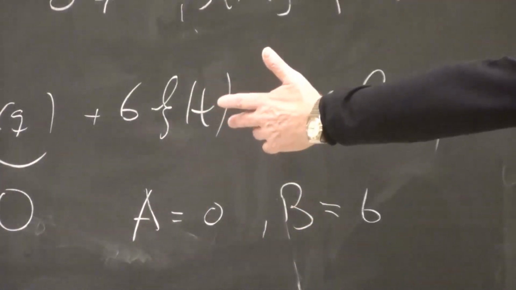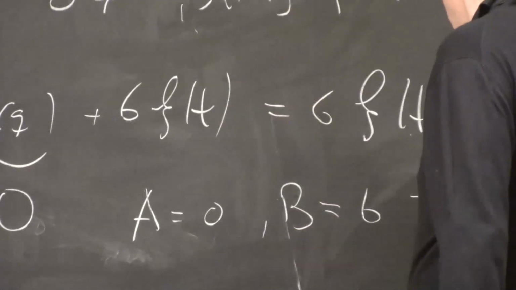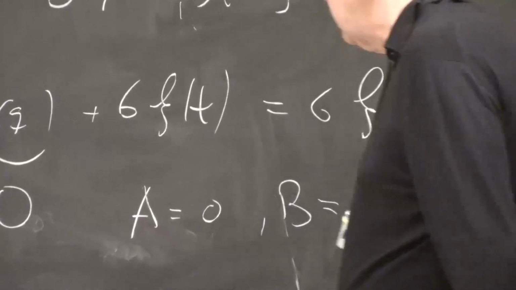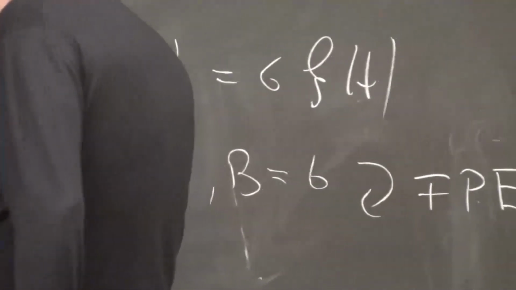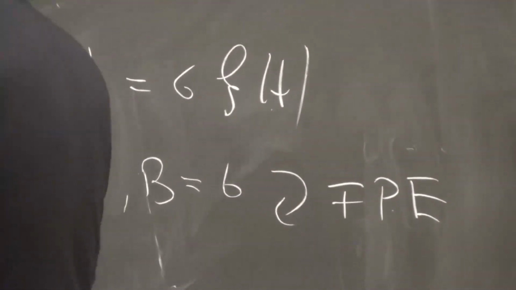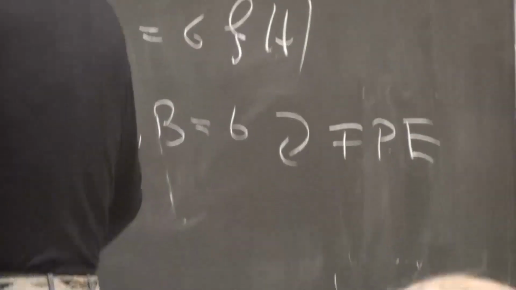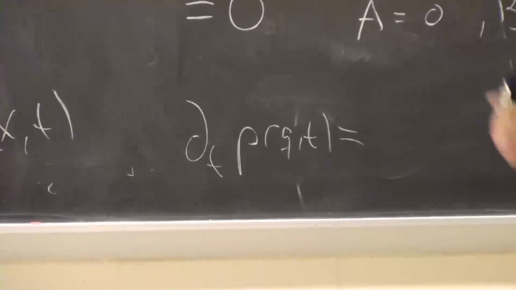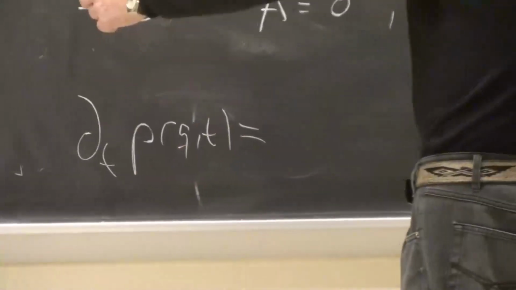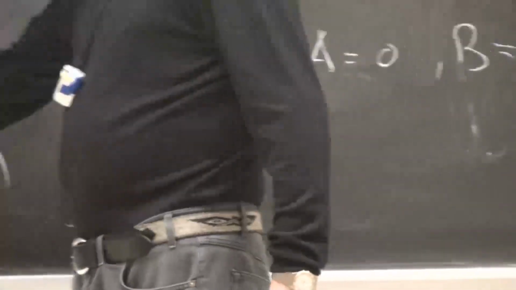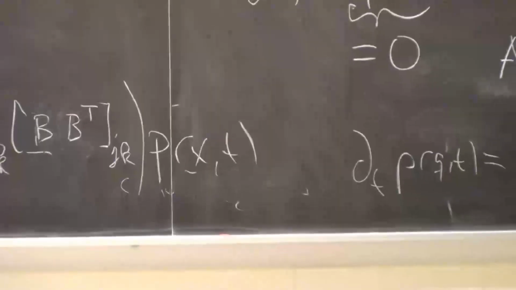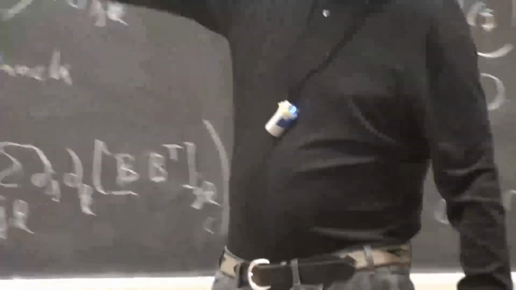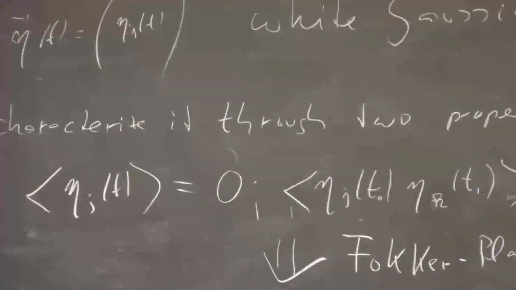So if we now write our Fokker-Planck equation, then we are getting d_t p of q and t is equal to 0, and then we're getting 1/2 sigma squared, which is just a number, really. But we have to divide by gamma, because on the left side we don't have a coefficient in front of the q dot.